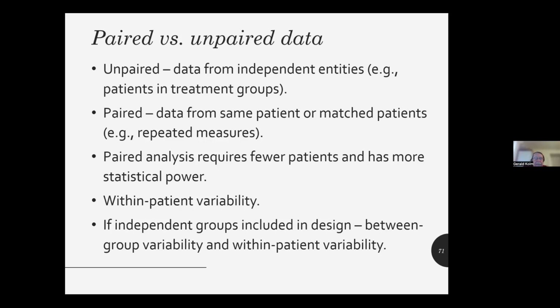And then if we have both types of data, both independent groups and paired data, like for example if patients take some test over, say, a 3-month period, then we've got both independent groups and within-patient variability that needs to be included in our analysis.